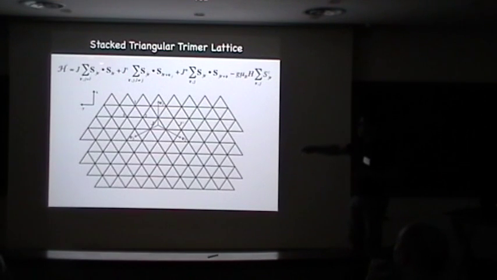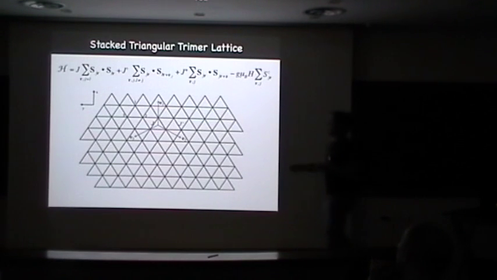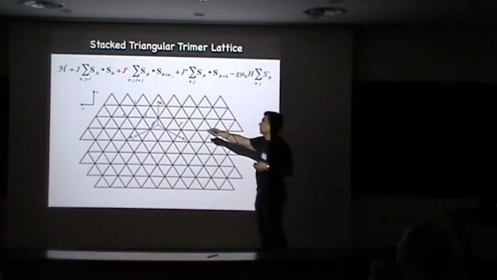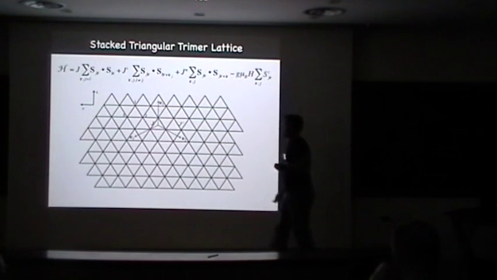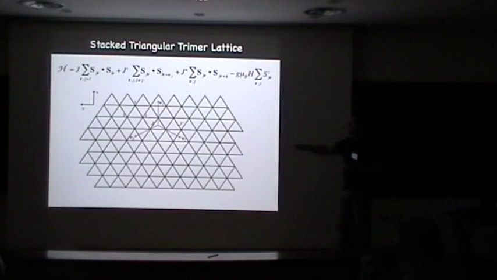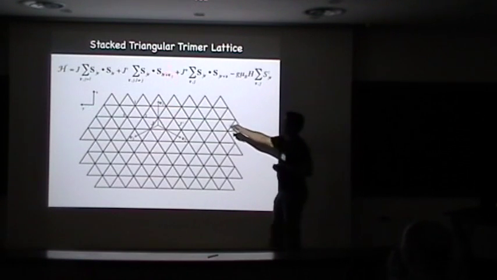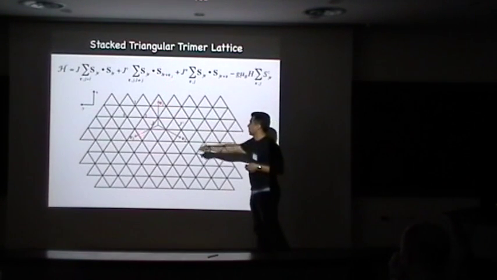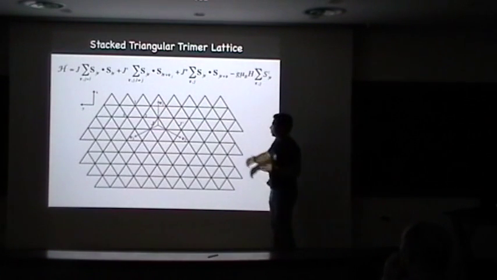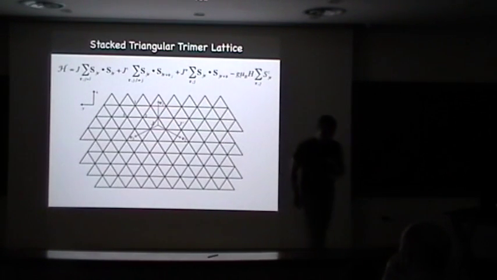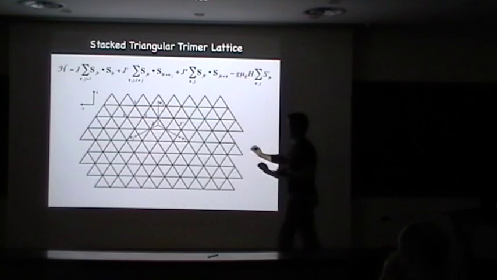So basically, this is the intra-trimer interaction. This is the term that we were analyzing previously. But now we have an exchange interaction, J prime, between trimers of the same layer, right? That's the reason why these relative vectors E1, E2, and E3 appear in this term. And I will also assume that we have a stacked triangular lattice. So basically, we have chains.